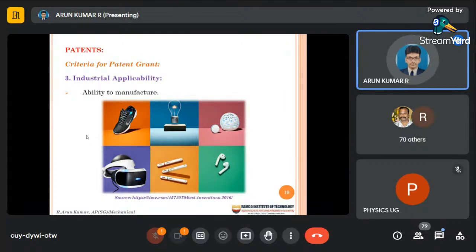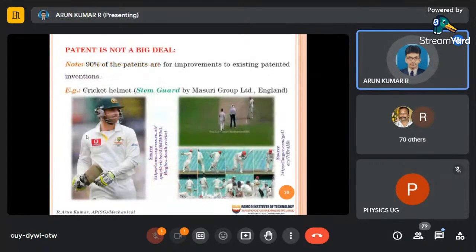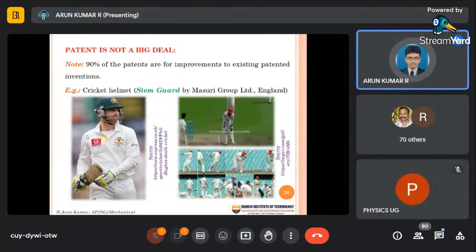Whatever idea you are narrating, it must be in a state that it can be manufactured in an industry or used in an industry. If so, then that invention can be claimed to satisfy industrial applicability. So these are the three criteria: novelty, inventive step, and industrial applicability.